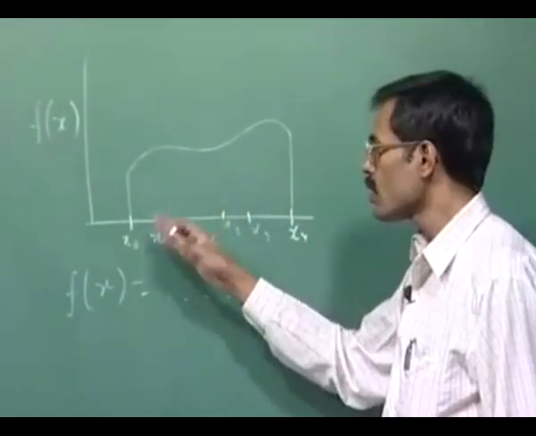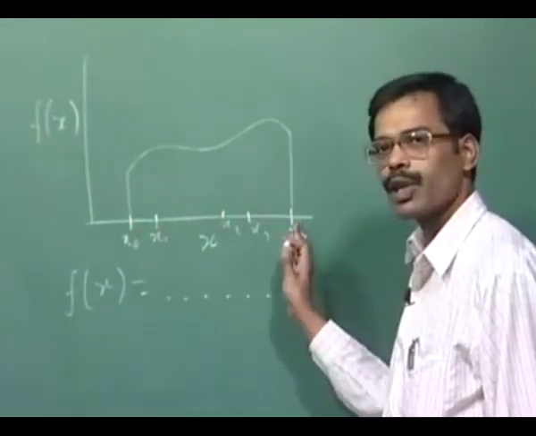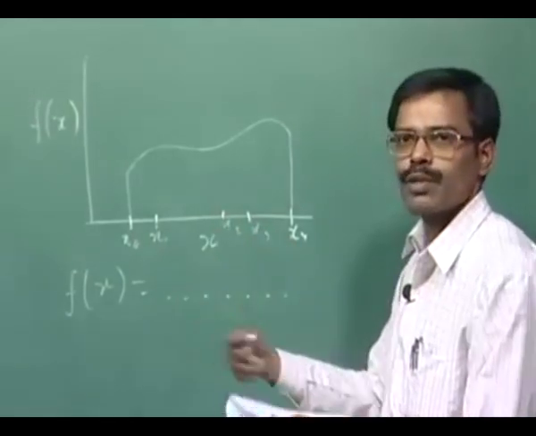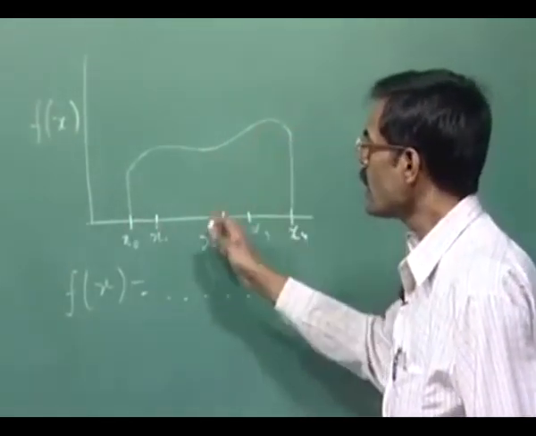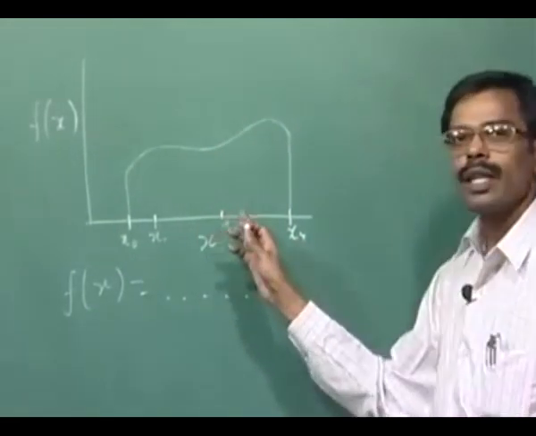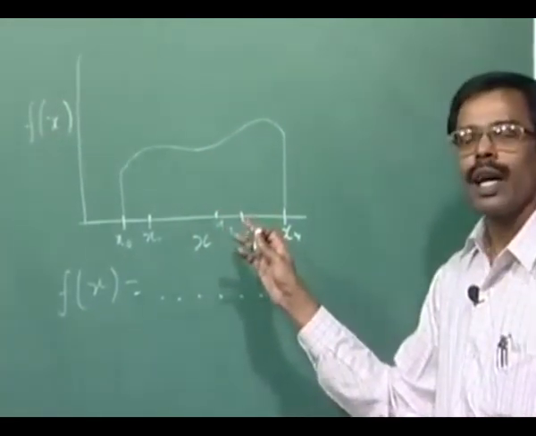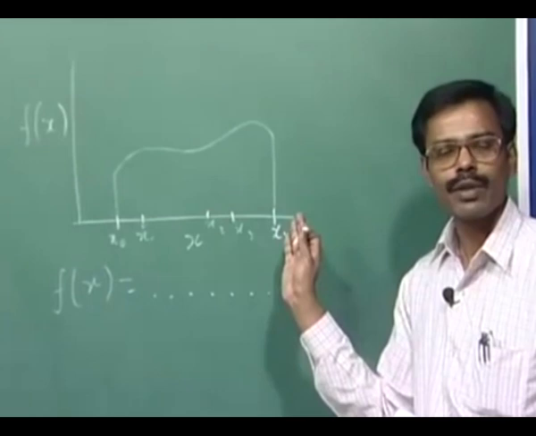At other places which are not the given data points, all of these expressions will have some other values, but at the jth data point, Lj will have value 1 and all others will have value 0.